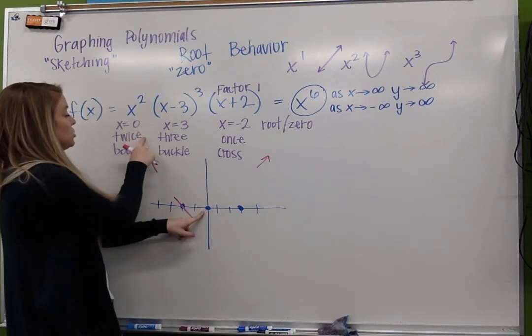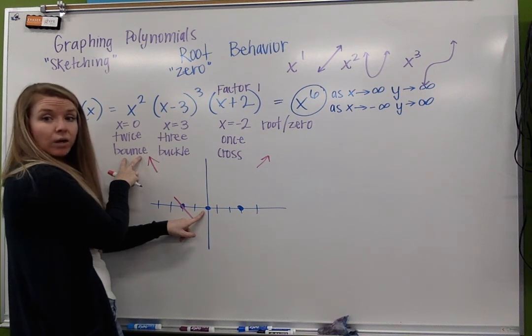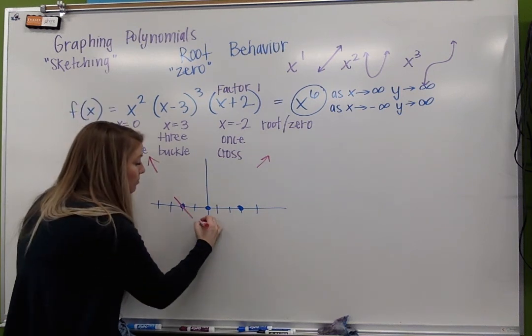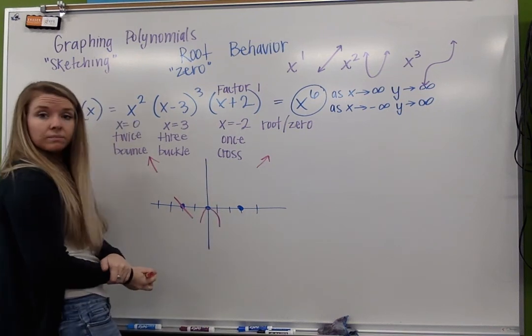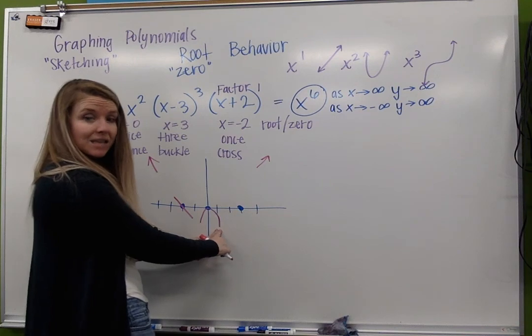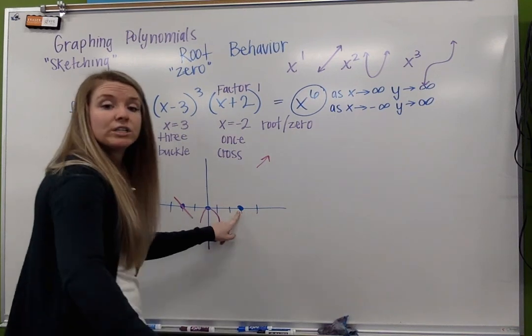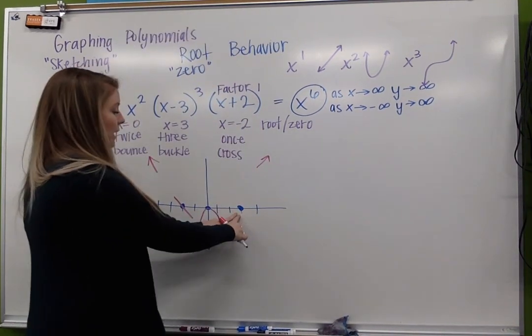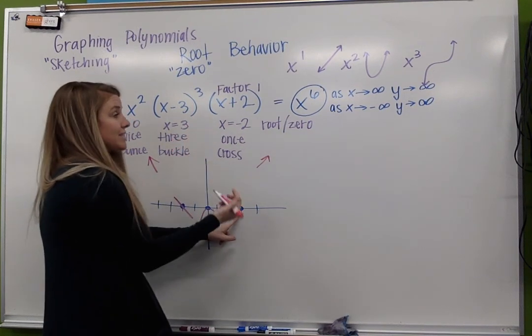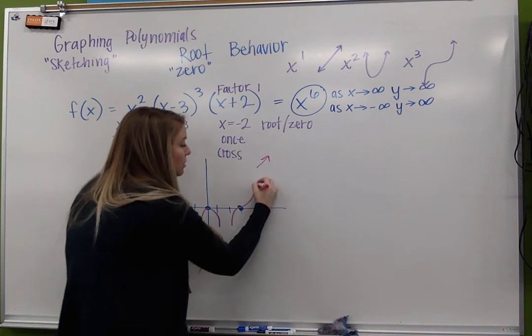At 0 it happens twice, so it's going to bounce like a quadratic. But since I'm below the x-axis, I'm going to bounce below like this. I'm still below the x-axis and I get to my third 0, which is 3. And now at 3, this happens 3 times, so it's going to buckle like this.